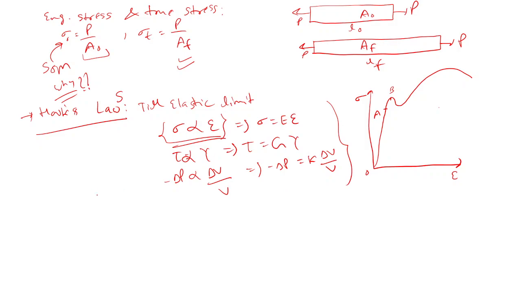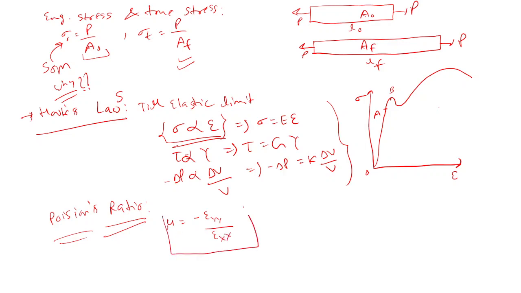Now Poisson's ratio. What is the Poisson ratio? Sir, it is the ratio of lateral strain upon longitudinal strain. Poisson's ratio mu is minus epsilon yy by epsilon xx.